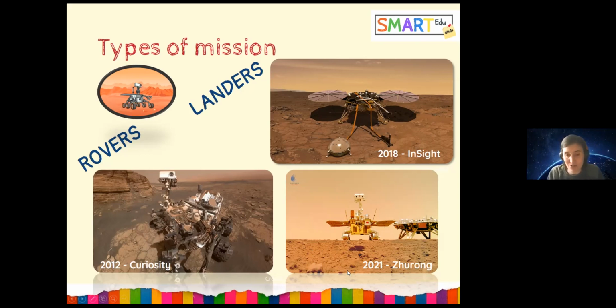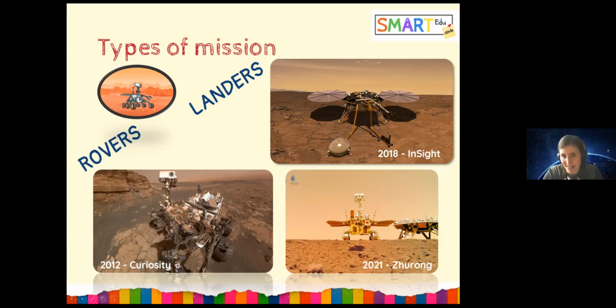So it just arrived on Mars. And these two photos we have here, Curiosity and Zhurong, these are real photos taken from Mars, okay? Curiosity has a robotic arm and is taking a selfie, as we do with our cell phone. It is able to do it with a robotic arm.